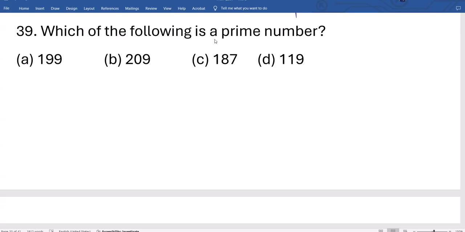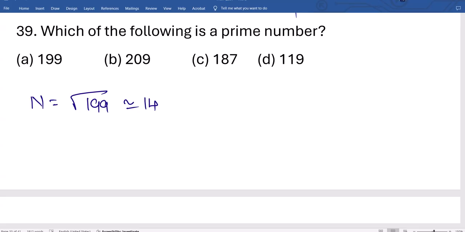Right. Listen, see this. I'll just tell you for one question, then you can keep going. First I'm taking the first option: is 199 a prime number or not? For that, only one standard procedure to decide: take the square root. Approximately this is 14. 14 squared is how much?